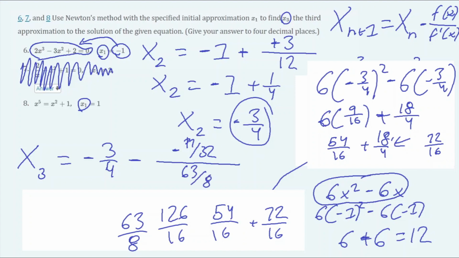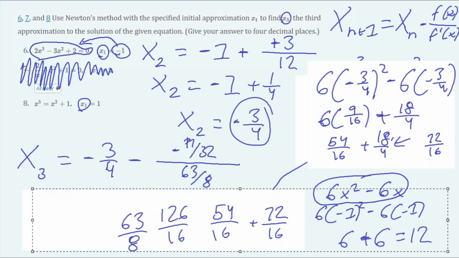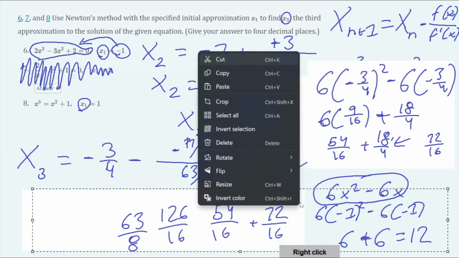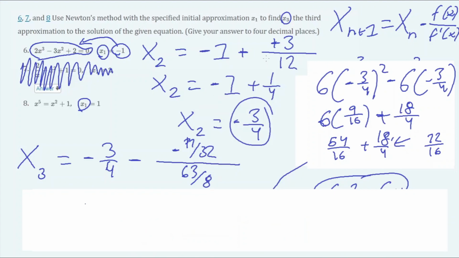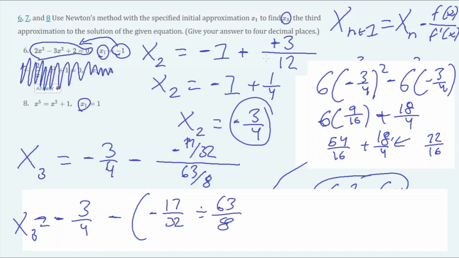And let's make a little more space so we can now find out x3 in its whole. So let's take that out. So now we have x3 over here equals negative 3 over 4 minus, and this is going to be negative 17 over 32 divided by 63 over 8. We could write it like this, it's a lot better.